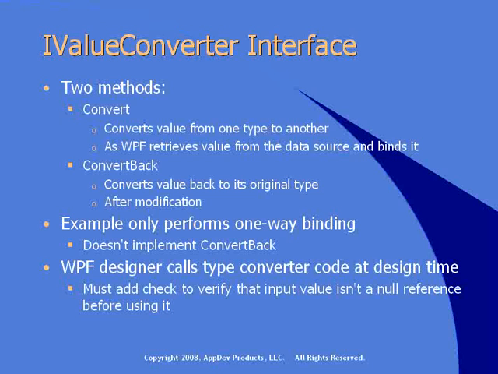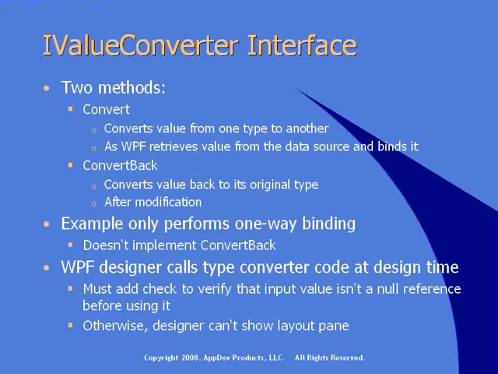I mean, it makes sense anyway, but I figured if we're doing the conversion, it can't be a null reference, but I had to check. At design time, it will be a null reference, and so you must check for that. Otherwise, you won't be able to show the layout pane for your XAML anymore once you add this IValueConverter code to your project. So you'll see code that checks to verify that the input value isn't a null reference.